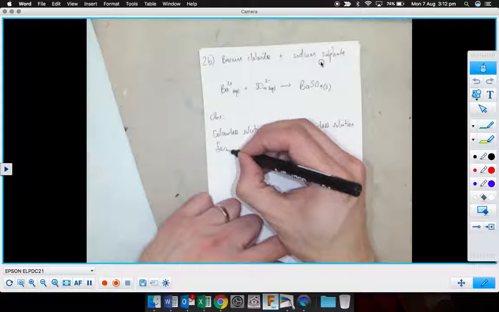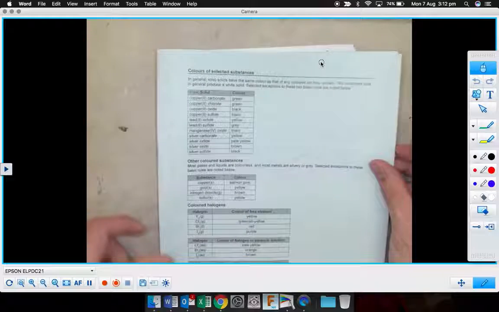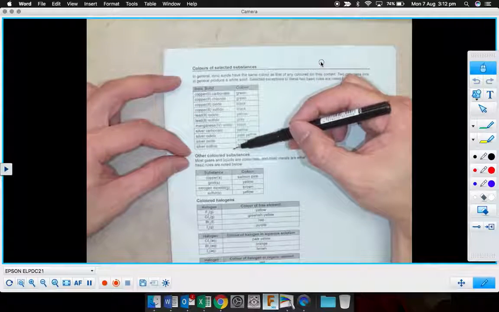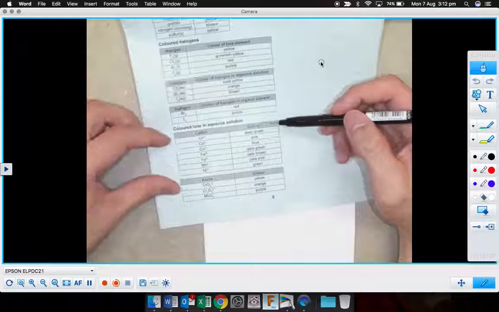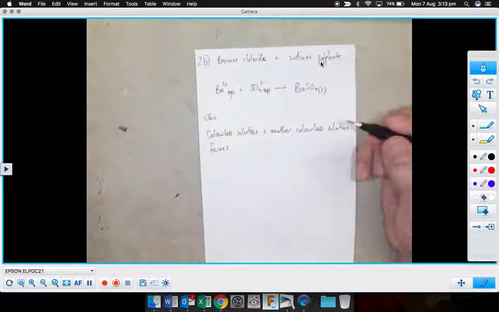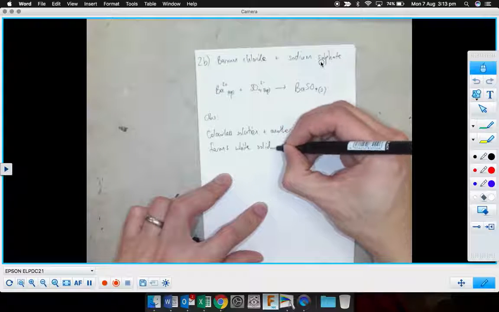Forms. So what color is this barium sulfate? First we look up here, because it's solid. Barium sulfate isn't there. Then we look at the colored ions in aqueous solution. Barium is not there. So if it's not there, and it's not here, it's going to be a white solid.